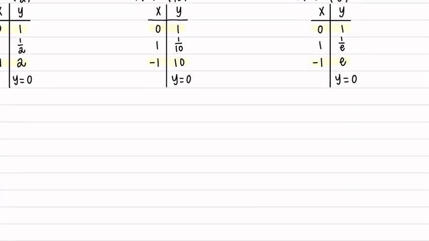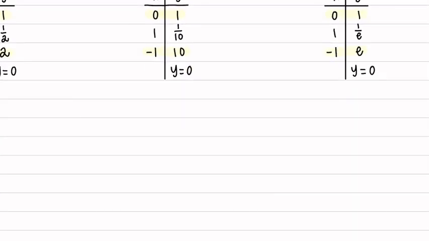So in general, my transformation equation is just like yesterday's. g of x equals a times b, where b is not a transformation value, but the base, to the power of x minus h plus k.